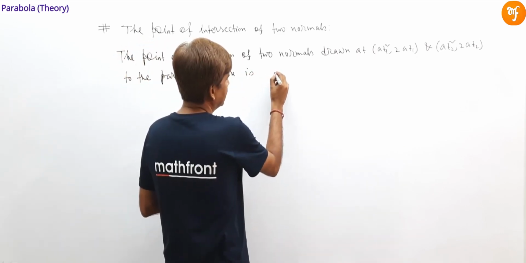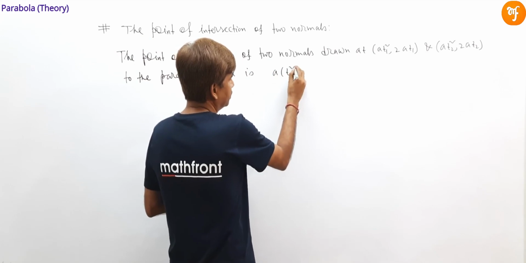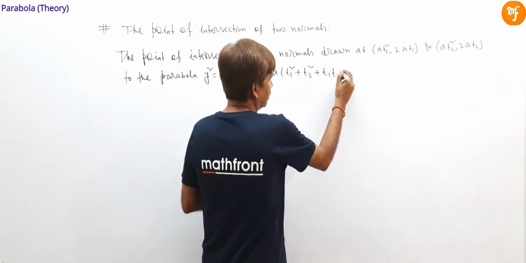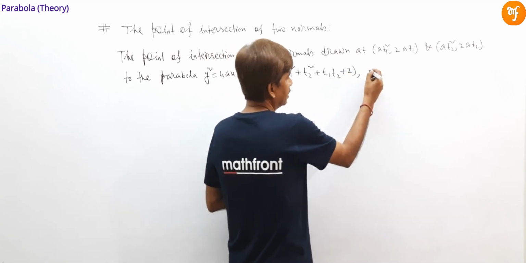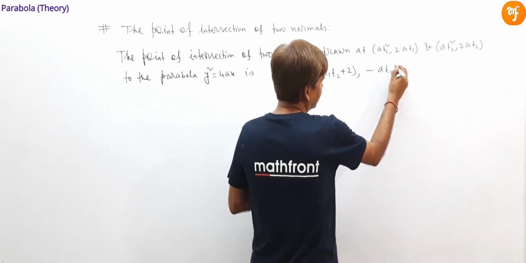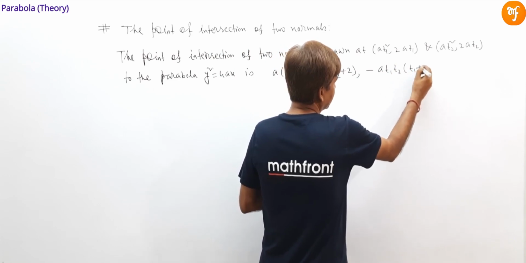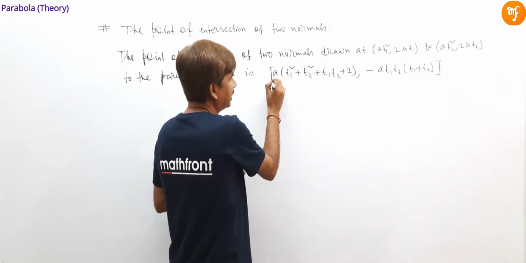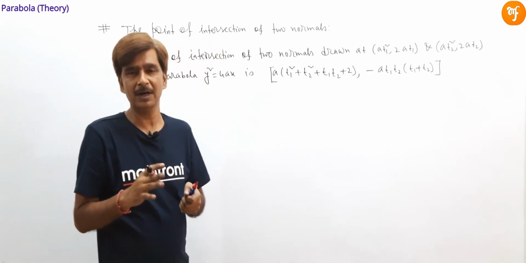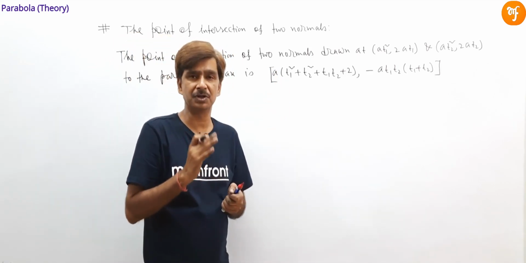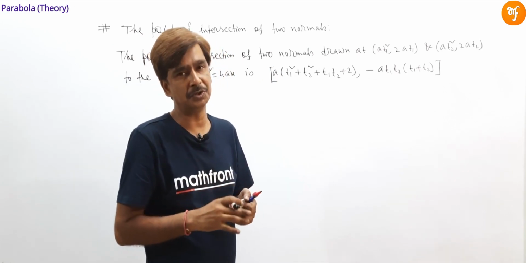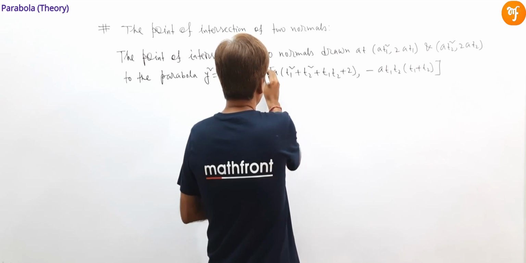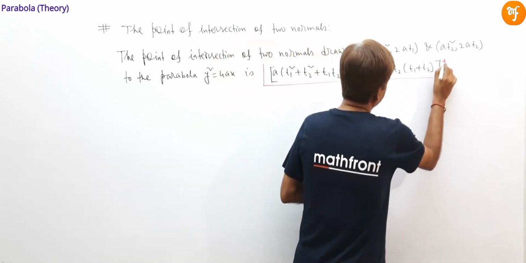As I told, (a(t1² + t2² + t1t2 + 2), -at1t2(t1 + t2)). Okay, so this is the point of intersection of two normals drawn at the points (at1², 2at1) and (at2², 2at2) respectively. So please remember this point of intersection.